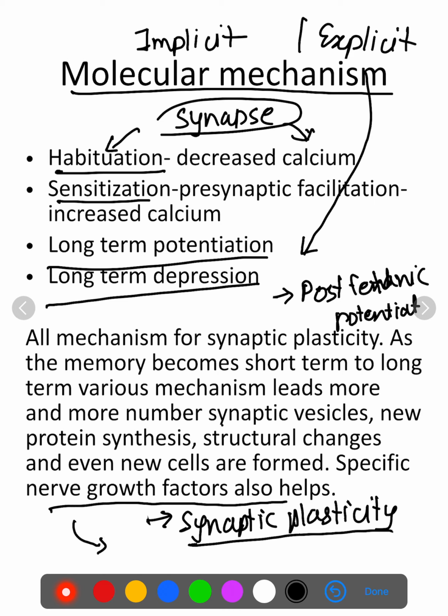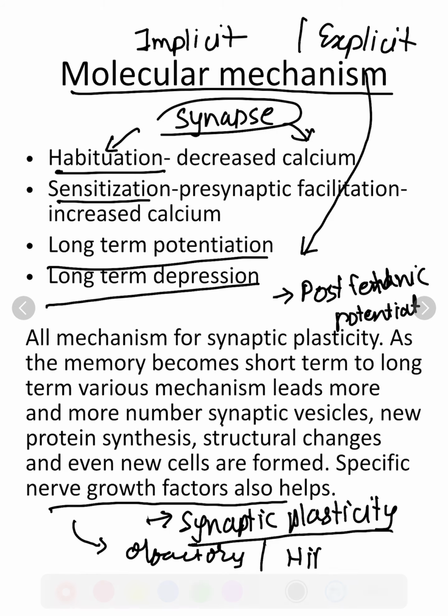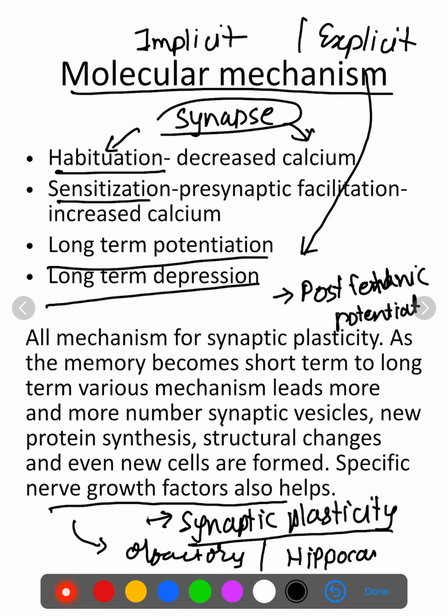It is even said that in the olfactory cortex and the hippocampus, these are the two portions of the brain where new cells are formed. So because of all this, over the short term the molecular mechanism will occur, and over the long term it will ultimately reflect into a structural change, and the structural change may be so huge that new cells may be formed.